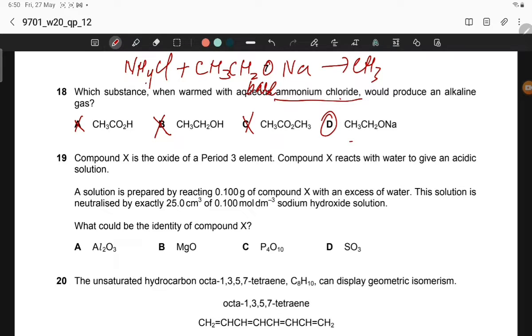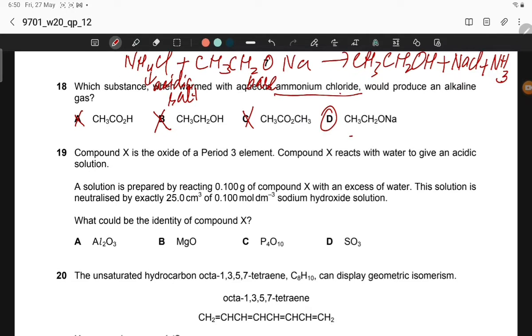This is an acidic salt, to produce CH3CH2OH plus NaCl plus ammonia gas. So D option must be correct.